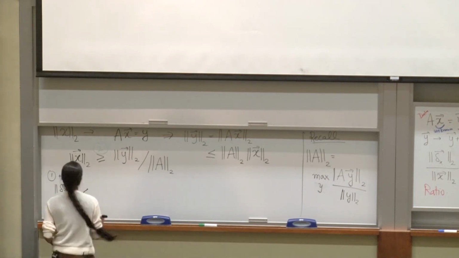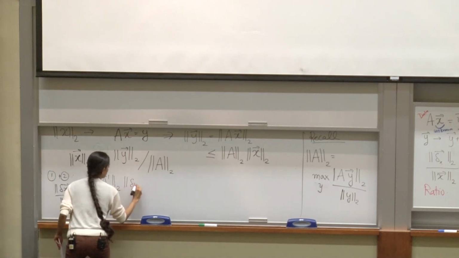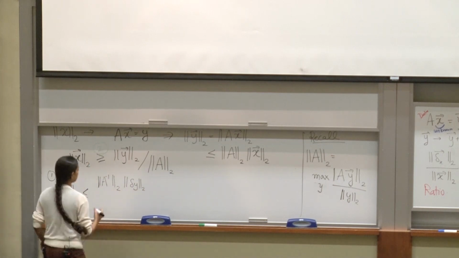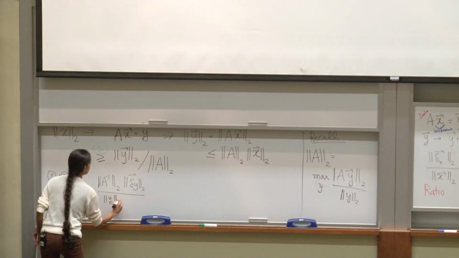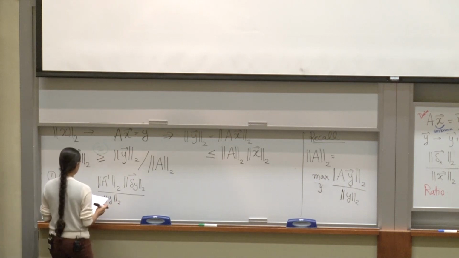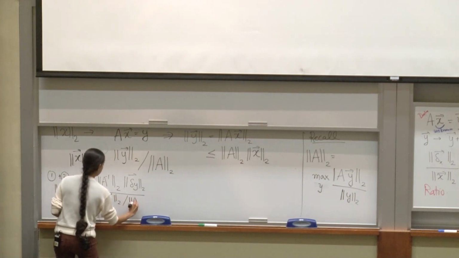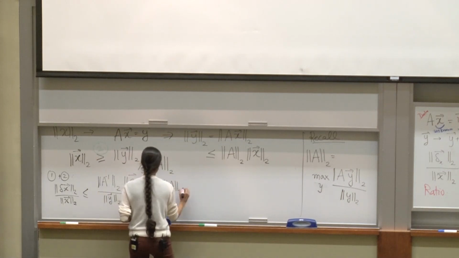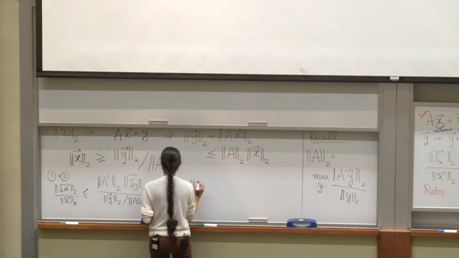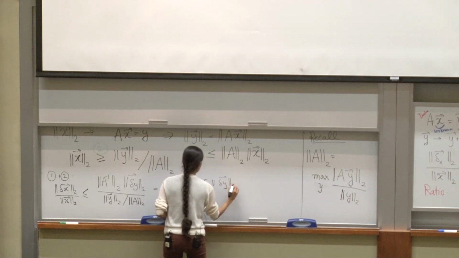Well, I can take that thing over there, A inverse, divided by norm of A, which is equal to the norm of A times the 2 norm of A inverse times delta y over y.